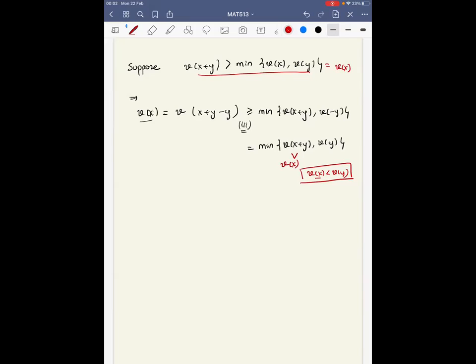And for v of y, we also have this strict inequality. Hence, we see that v of x is strictly bigger than itself. So this is a contradiction. Hence, we have equality.